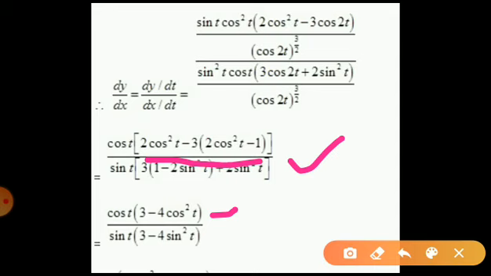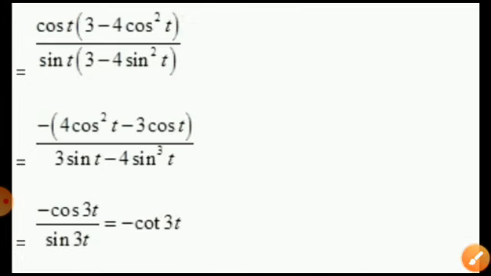Now here, don't write cos by sin as cot, just multiply it inside. Or if you're going to stop here, then also no problem. But if I want to simplify it further, I can multiply cos t inside the bracket. This minus sign I have taken outside.